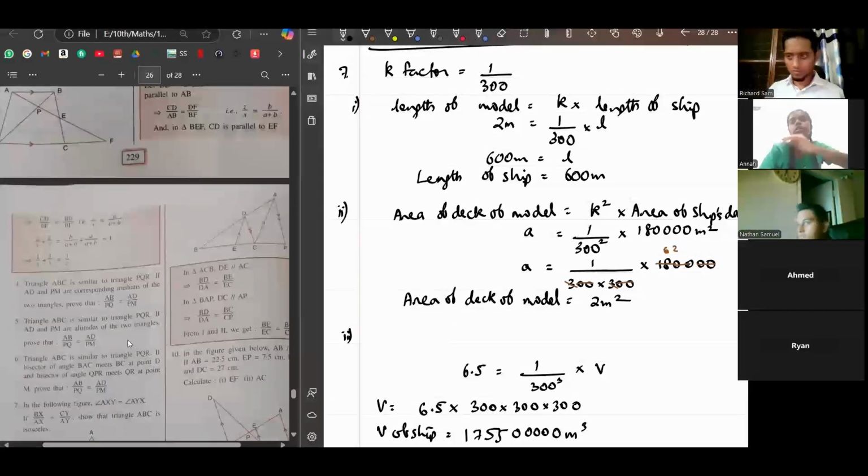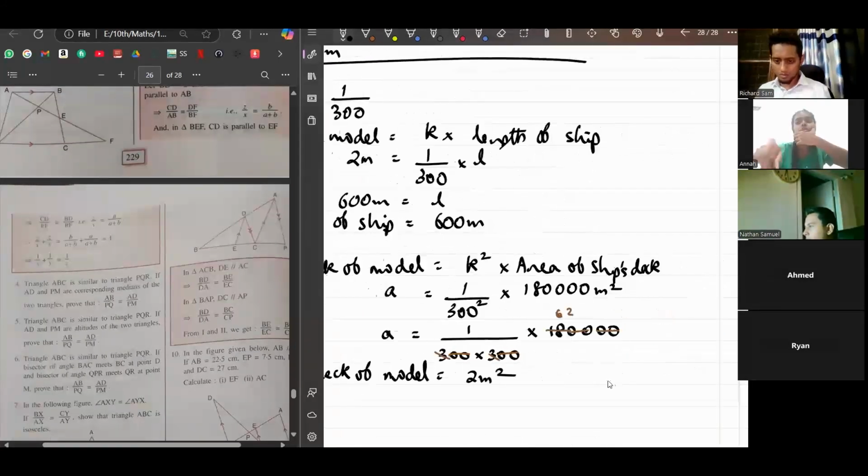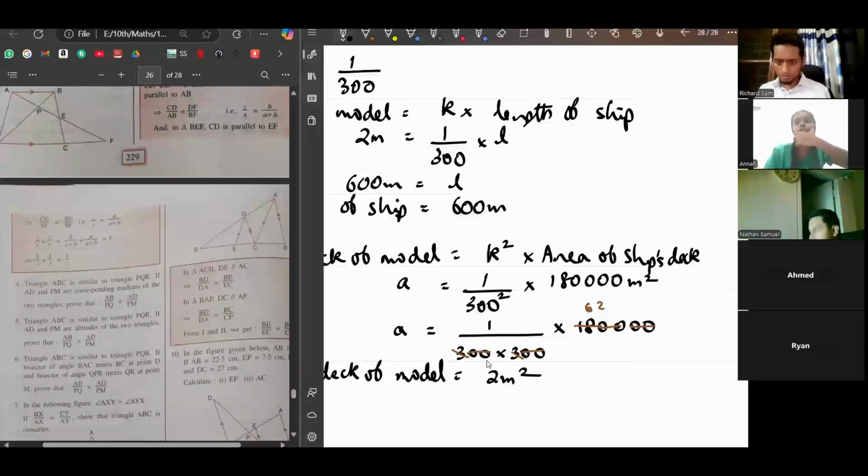Anna, in that area of deck of the model, the cutting part I didn't understand. We cut 4 zeros and 4 zeros on top, and then 3 ones are 3, 3 sixes are 18, and 0 with it, and then we cut that 6. 3 twos are 6.